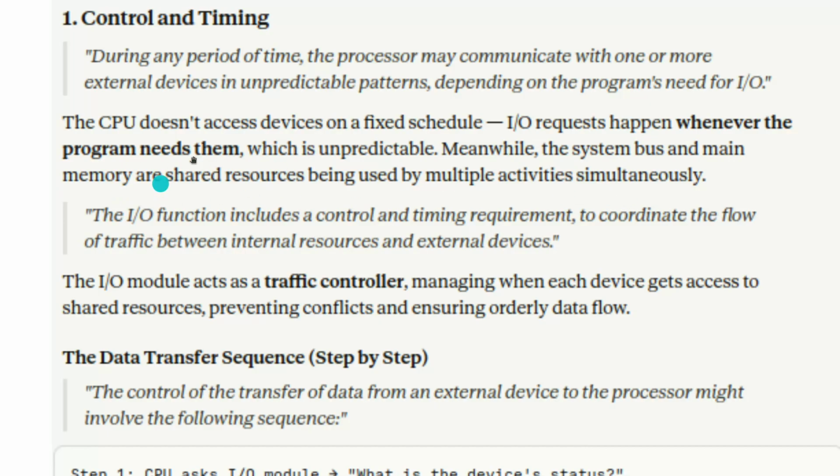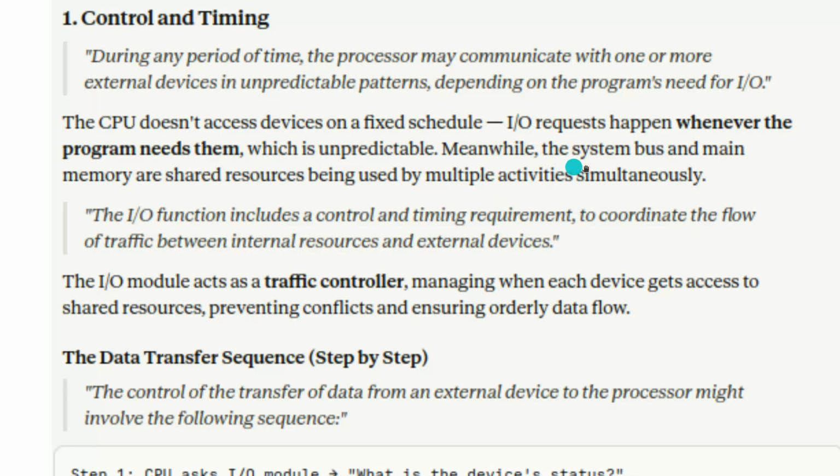These shared resources that are being used are the system bus and the main memory. The system bus and the main memory are shared resources here, so they can be used by multiple activities happening in our device.